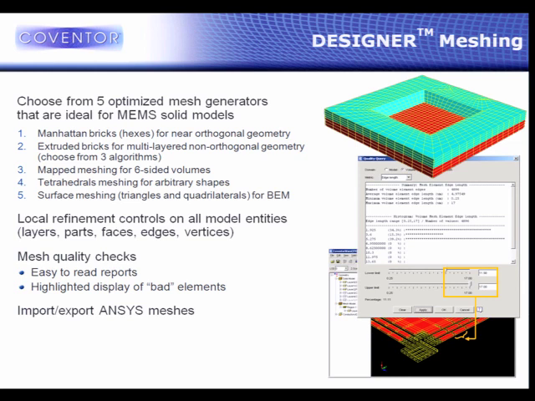Basically on every level of the model, which is available in this tree, or selecting on the canvas, you can set a mesh size or other mesh parameters that are going to override higher level values. So for example, you set a mesh size of 8 on a whole layer, and then one part in the layer, a layer can have multiple parts, needs to have a smaller mesh.